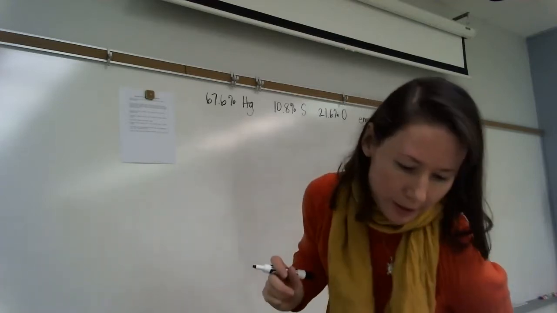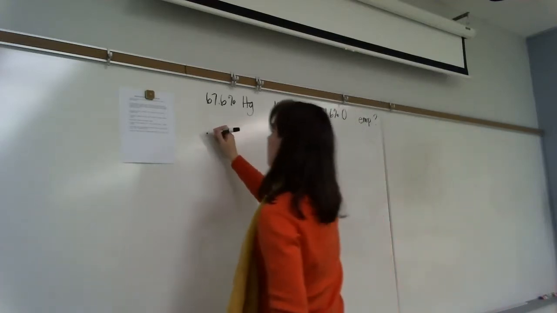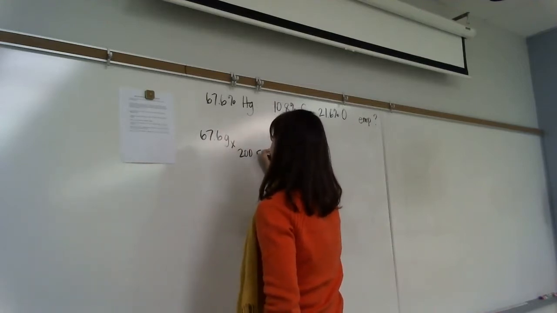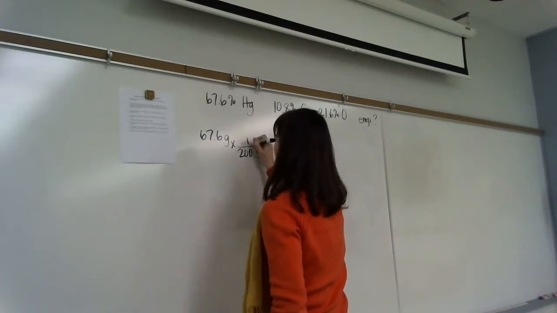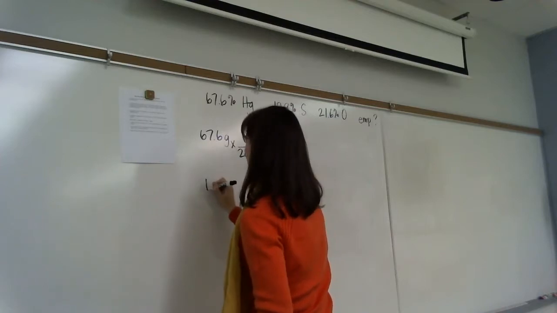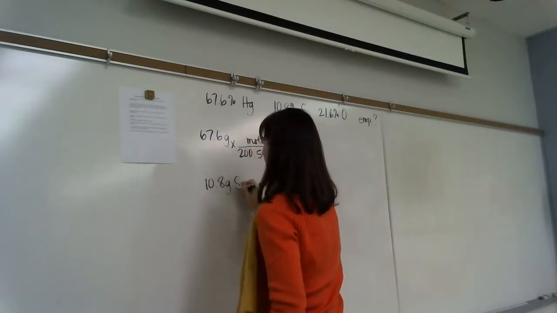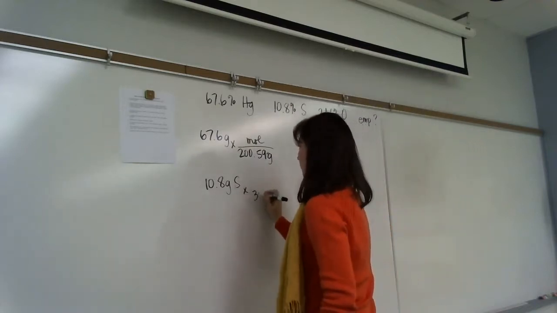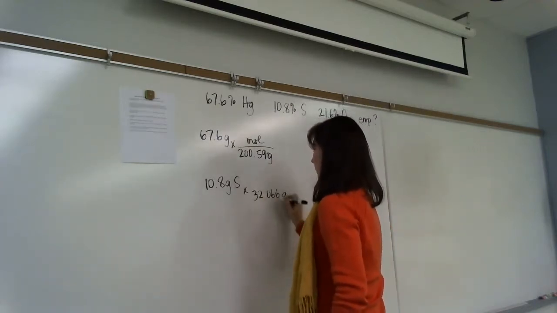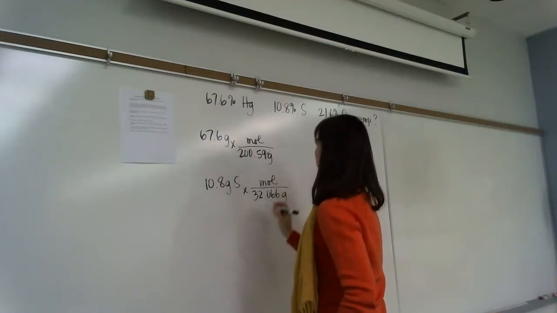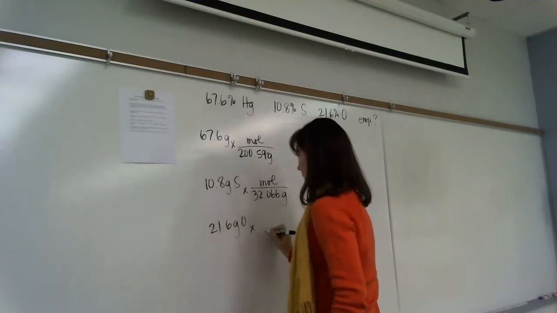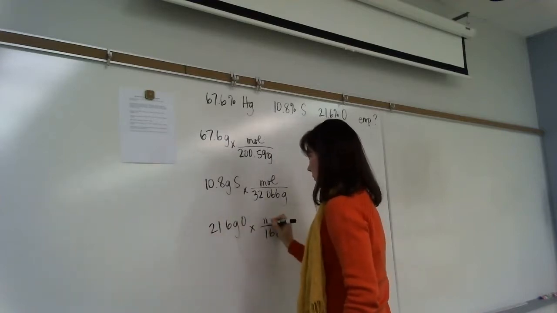So mercury's molar mass is 200.59: 67.6 grams, 200.59 grams per mole. And 10.8 grams sulfur. Sulfur's 32.066 grams per mole. And 21.6 grams oxygen, 16 grams per mole.